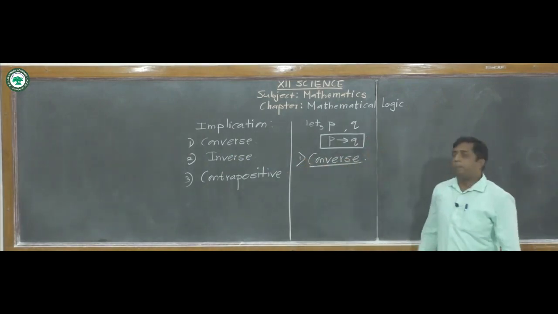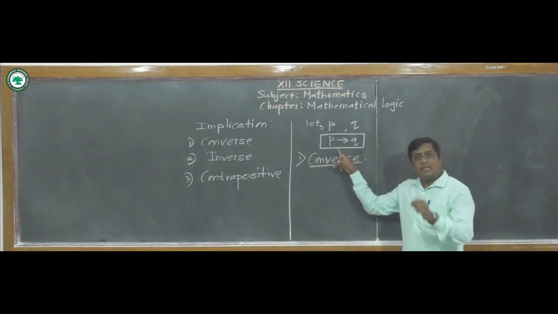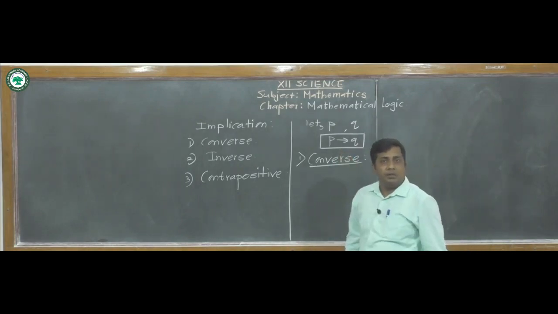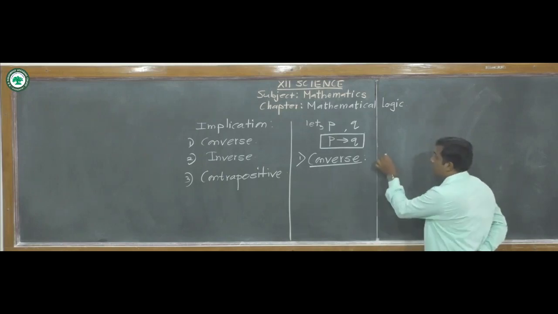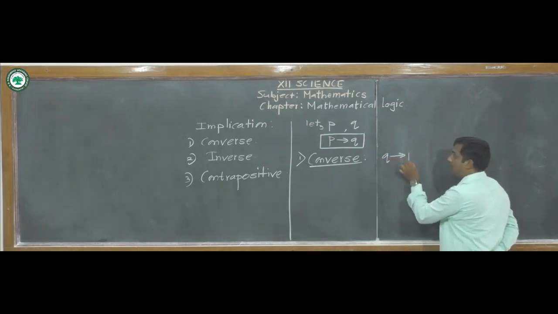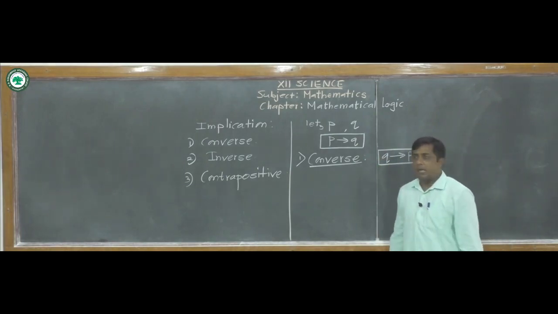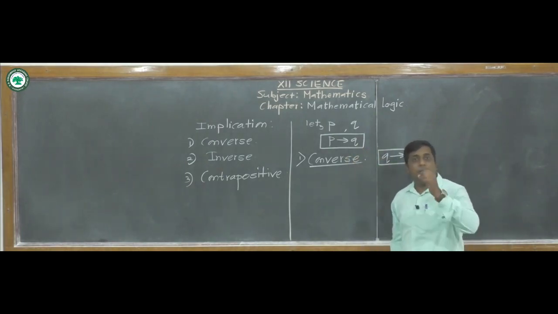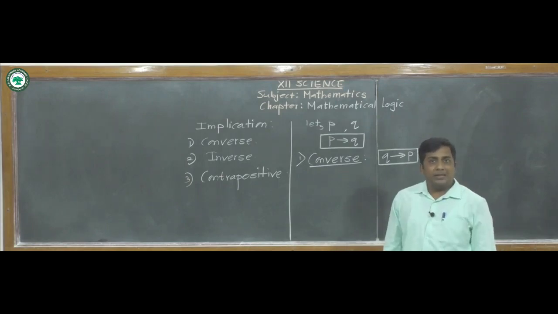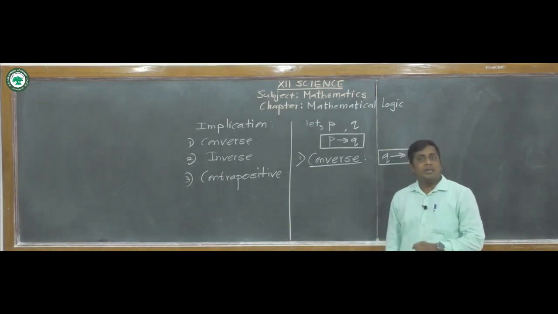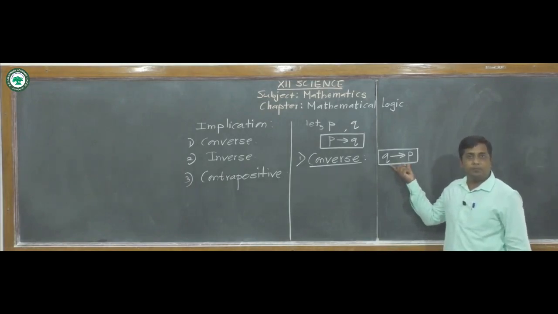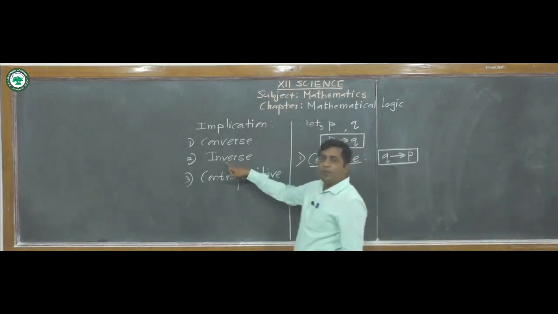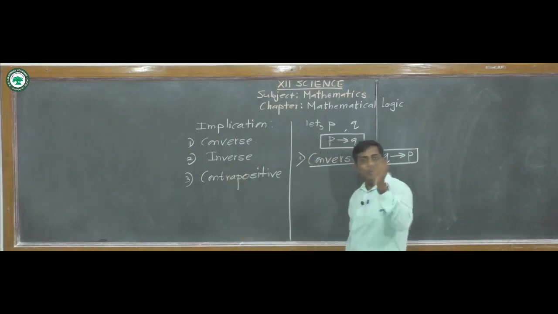If P implies Q is the given relation, then its converse is denoted by the notation Q implies P. Remember this. I repeat again. If P implies Q is the given implication, then its converse is denoted by using Q implies P. Let's go with the second one. In that we define the inverse.